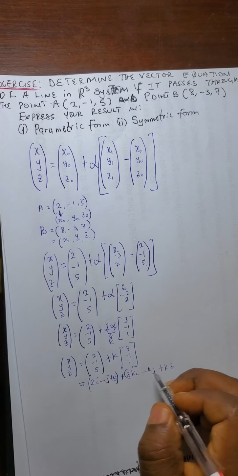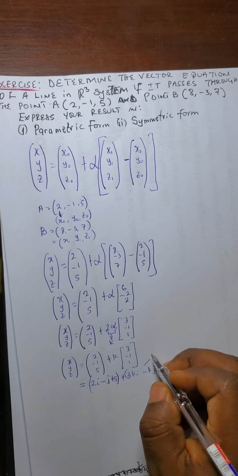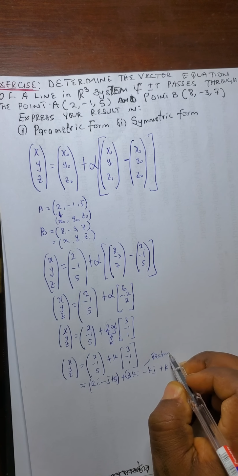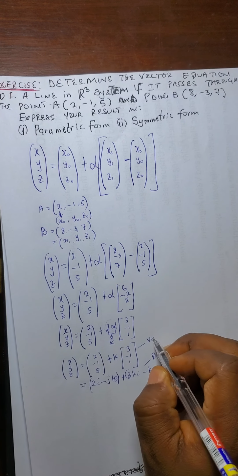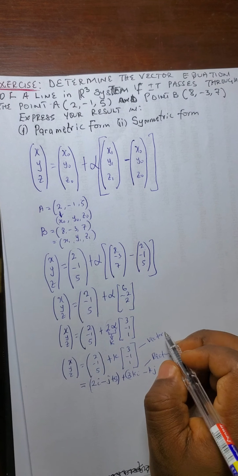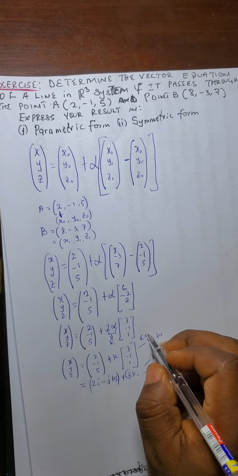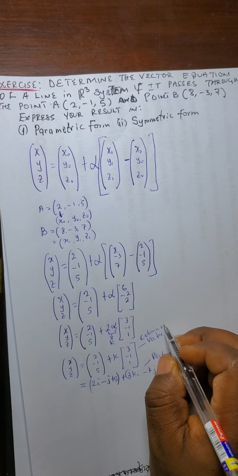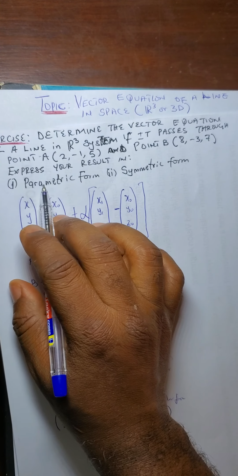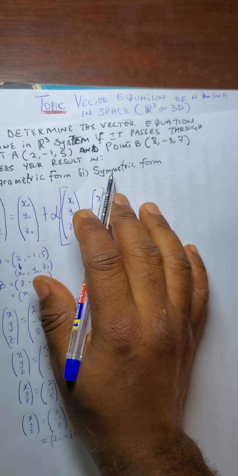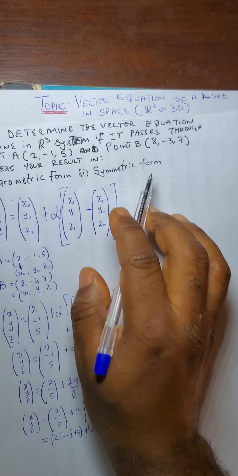So what I have here is the rectangular form, but what I had before is the column vector form. So the question we have here is that we should express our equation in parametric form and in symmetric form.